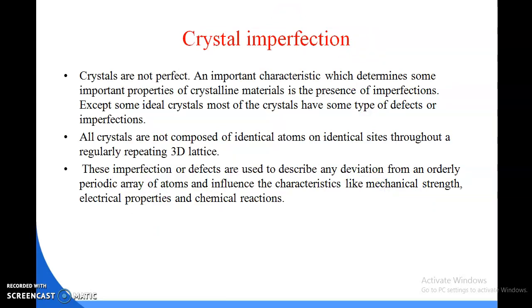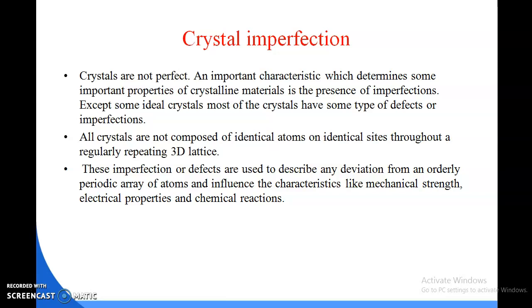Next is crystal imperfection. So in this chapter, our main part is the imperfection of crystals. So what is crystal imperfection? Crystals are not perfect, and an important characteristic which determines some important properties of crystalline material is the presence of imperfection.